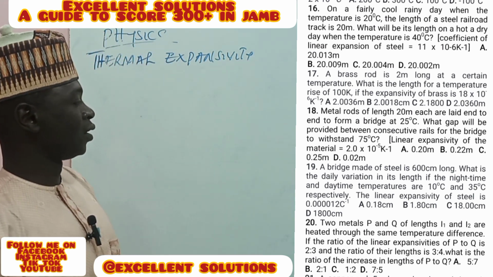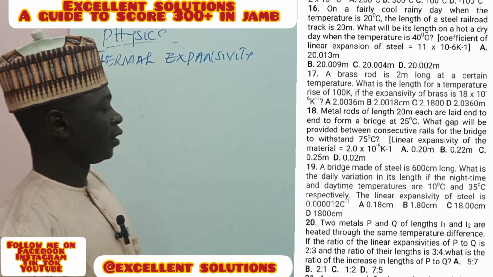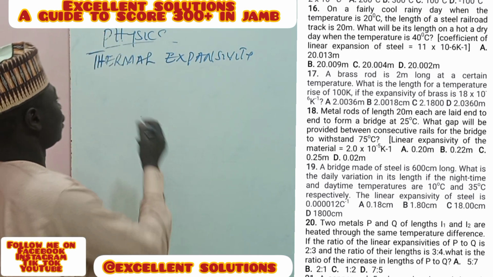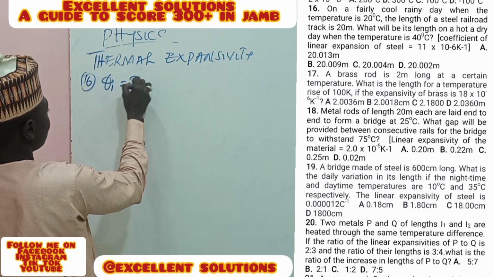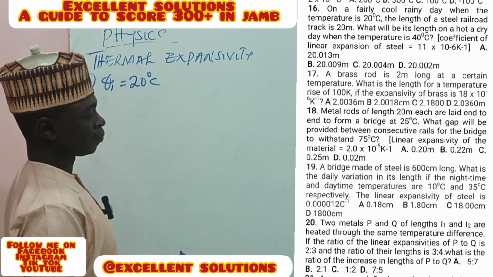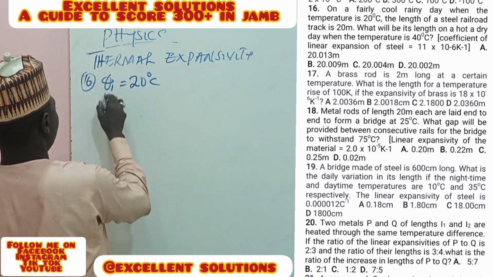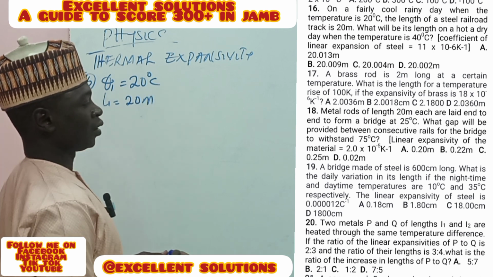Our question 16 today says, on a fairly cool rainy day, when the temperature is 20 degrees Celsius, so theta 1 equals 20 degrees Celsius, the length of the steel rod track is 20 meters, L1 equals 20 meters.